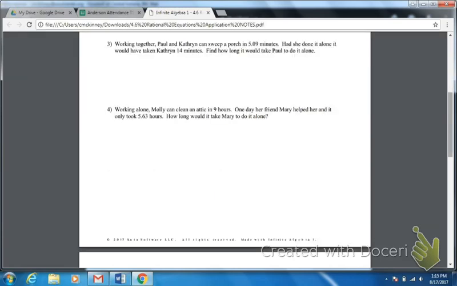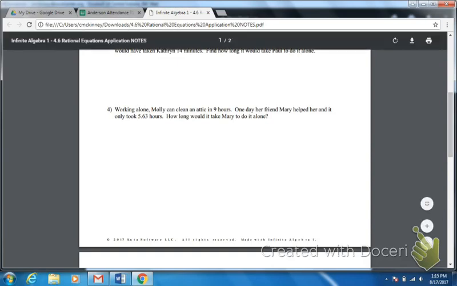So on this problem, instead of looking for the time that they're working together, we are given the time they're working together. So our variable will not be on the top of our fractions. So this will be, together is on top, so 5.09.